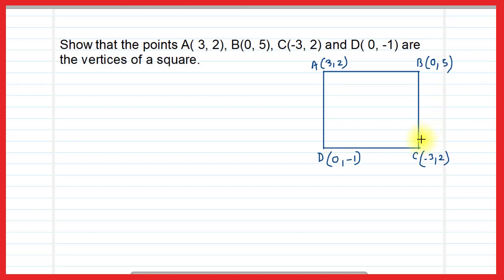Here the four coordinates are given A, B, C, D, and we have to show that these vertices, if joined, we get the square. Means we have to show that ABCD is a square.